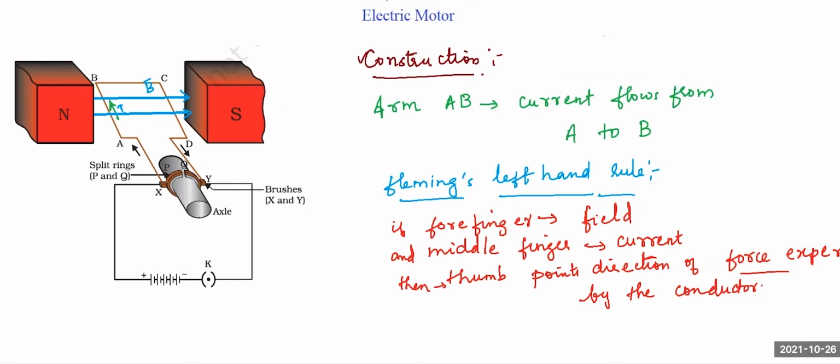When we orient our left hand by Fleming's left-hand rule, we can see that the conductor AB experiences a force downward, as shown by the arrow.